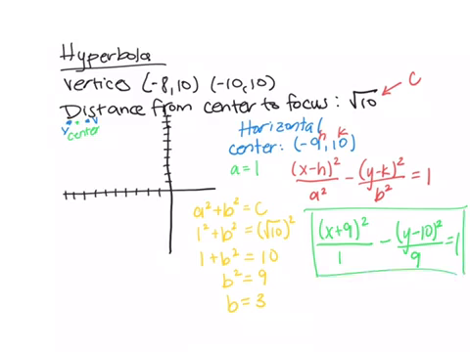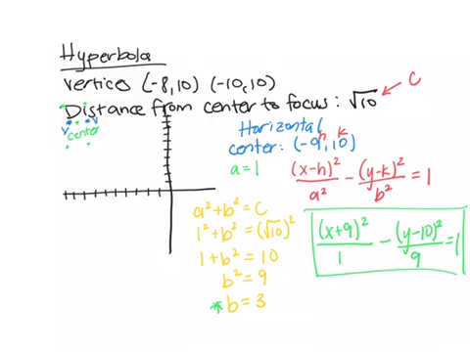Now remember when you're graphing these, that b value, so this b being 3 that you see here, comes into play when you are creating those asymptotes. So from the vertices, we move the opposite direction that we use to plot them. So we're going to move up 3 and down 3. I'm just roughly eyeballing this on the screen, not really counting too much.